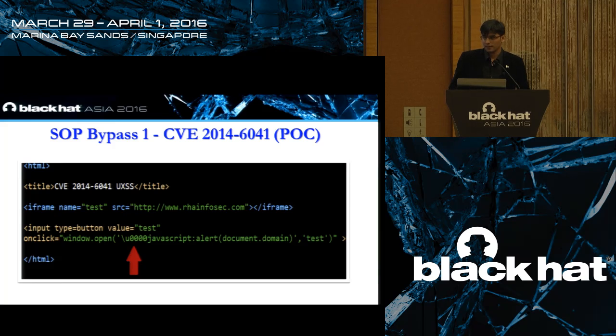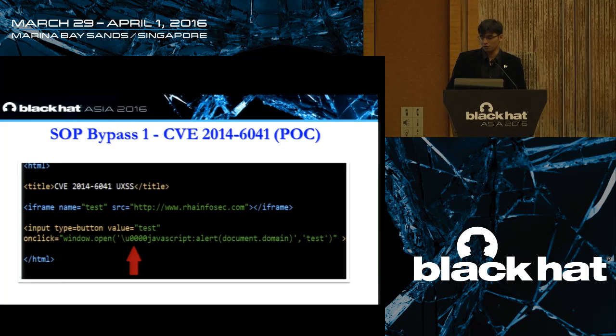This is an example of a same origin policy bypass, CVE-2014-6041. What we are doing in this code is framing, by using an iframe tag, rha-infosec.com. And then by using the window.open function, we are trying to execute JavaScript in the context of the framed website.